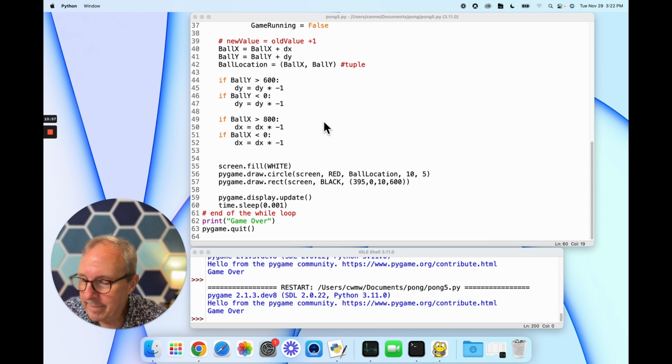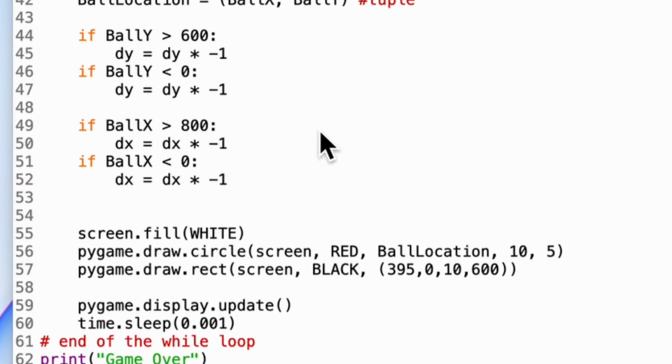And I want you to just take a peek at, say, line 44, 45, 46, 47, and I want you to notice that line 45 and line 47 are exactly the same. Meaning we want to negate whatever dy is if we are greater than 600 or we're less than this, right?